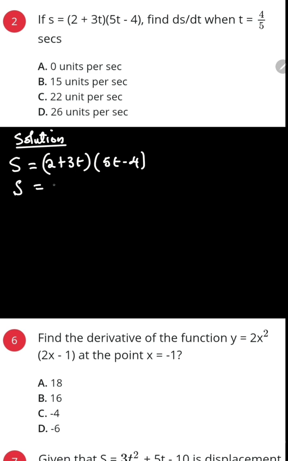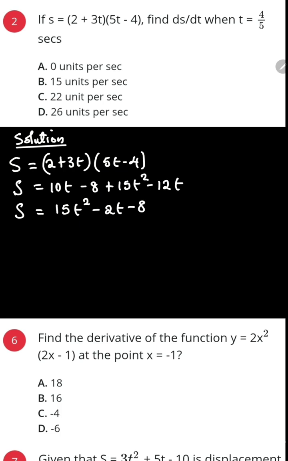So I'm going to have 10t minus 8 plus 15t squared minus 12t. Now s will be equal to, let me rearrange, 15t squared, then 10t minus 12t, which gives minus 2t, then minus 8.